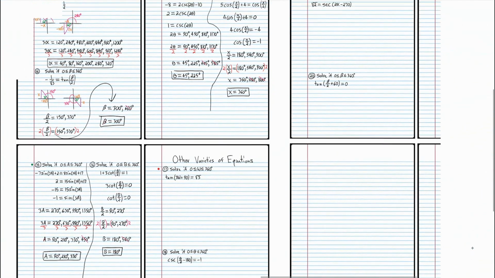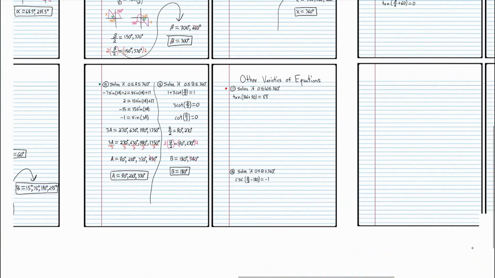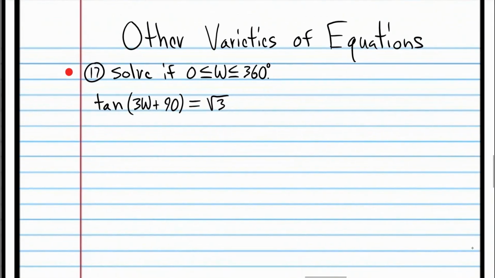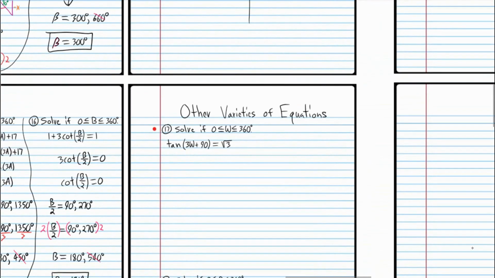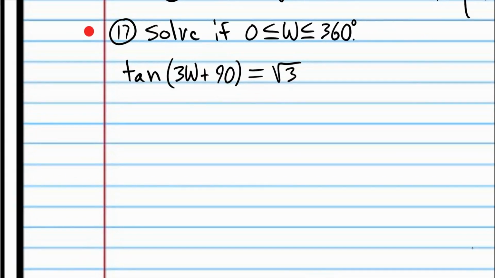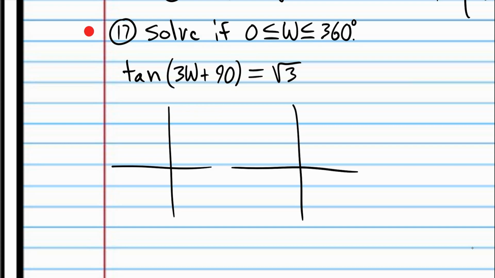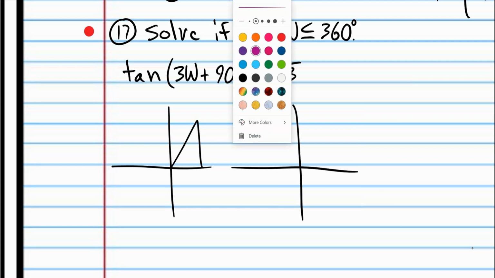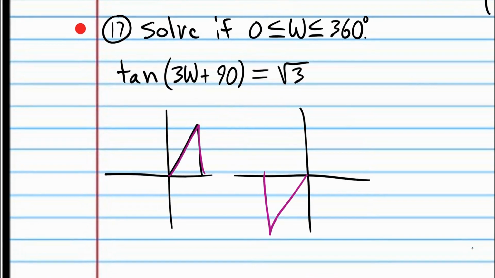Okay, so let's just do a couple more problems here. We got 4 more problems. These are just some other varieties. You may recognize that ratio, root 3. So we're just doing the exact type of problem, except we have a more complicated expression in here. So if tangent is root 3, that's positive, so we're in the first quadrant or the third quadrant, and tangent is opposite over adjacent.